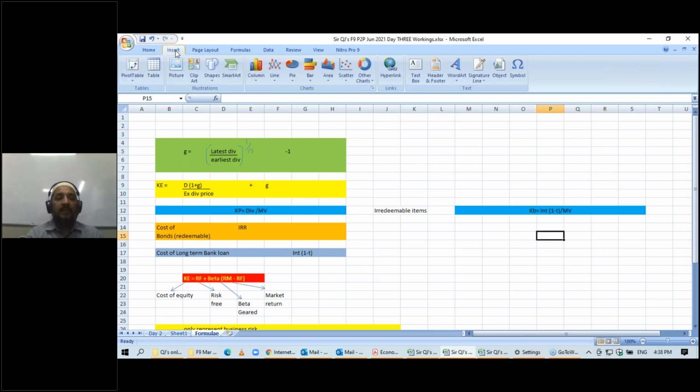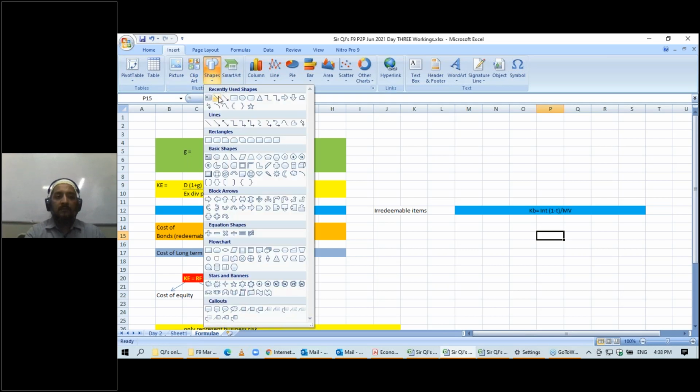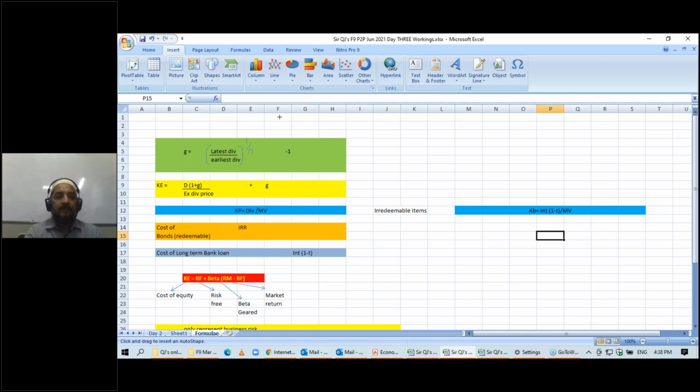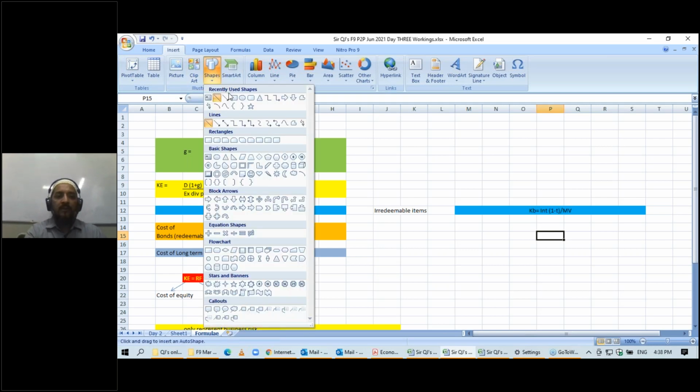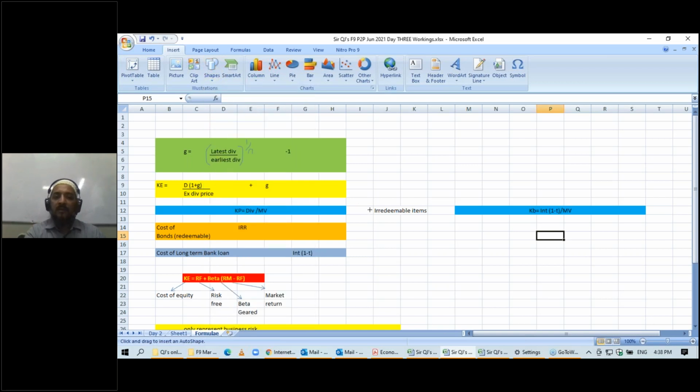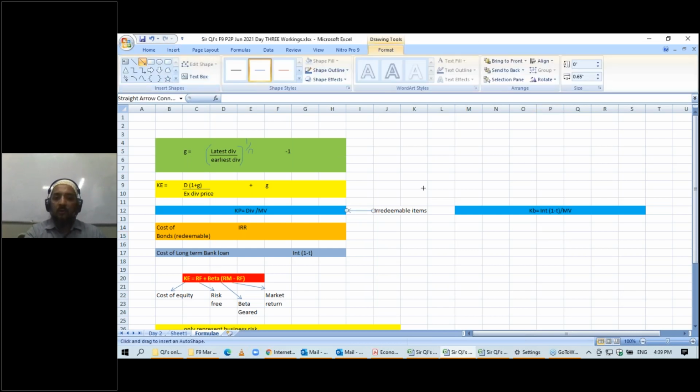So it's similar, just there is a difference in the interest effect compared to preference shares. As preference share dividend is not deductible from the taxable income, you can't save tax on it, so its cost will be higher. Preference shares will cost you more, and in case of loans, there is a 1 minus t which reduces the numerator, therefore it reduces the cost also.